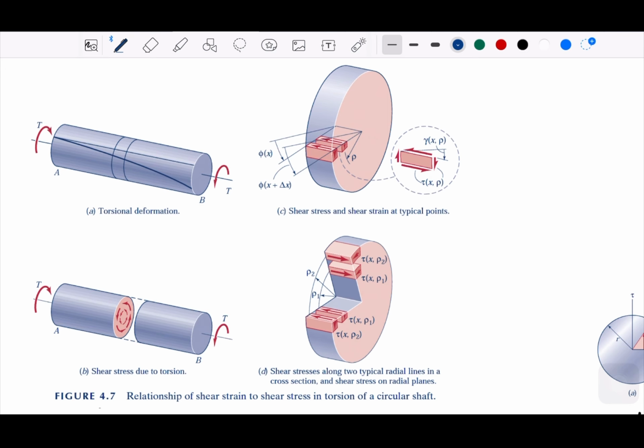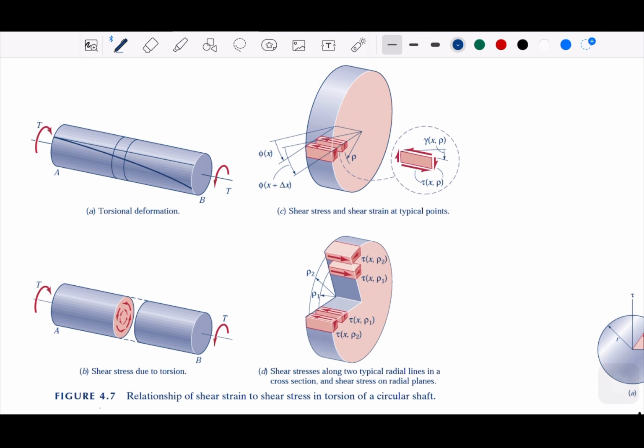We are going to see the internal forces. Inside this rod there will be an area that is affected by this torsion.